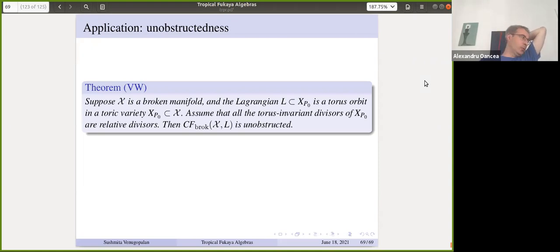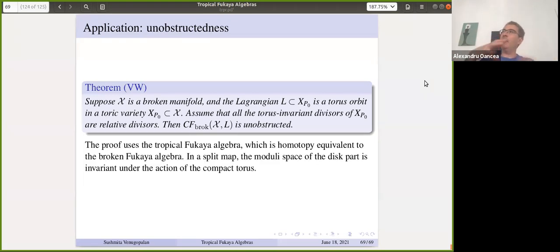Does it allow you to compute? The way you presented your result was that you have a complicated object, and then you break it into simpler pieces. But for the case of a blow up, it looks like you could use it to get information on what the Fukaya algebra is in the blow up from the Fukaya algebra before the blow up, reading the correspondence backwards.